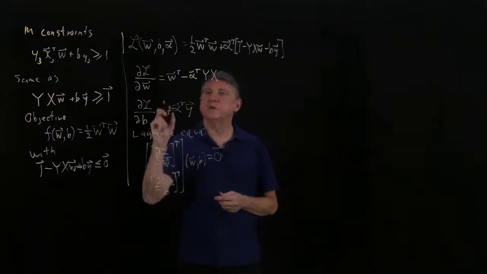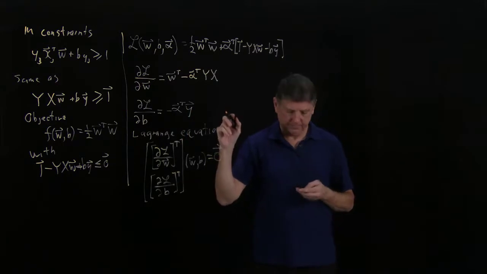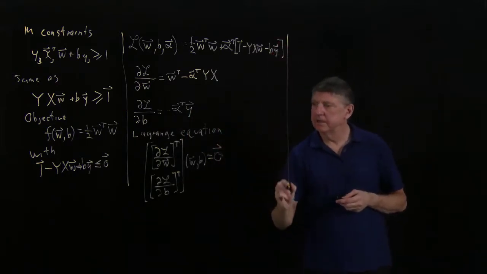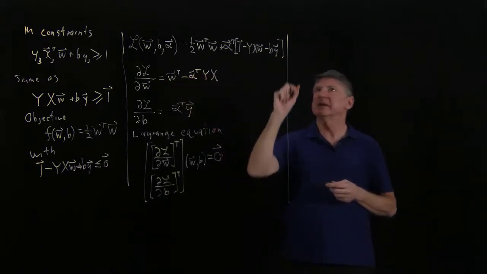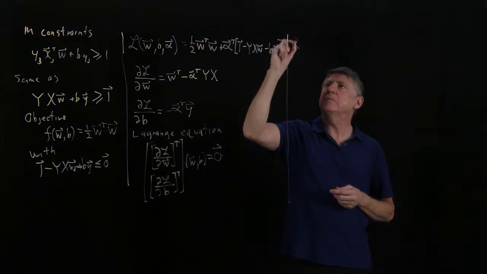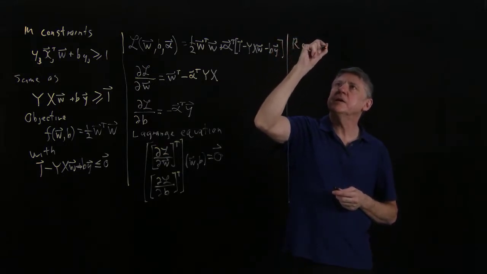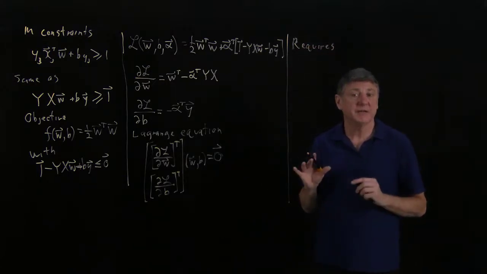And when we solve this, we can solve it part by part. If we were trying to find the optimal weight vector at this point, we'd put asterisks in.